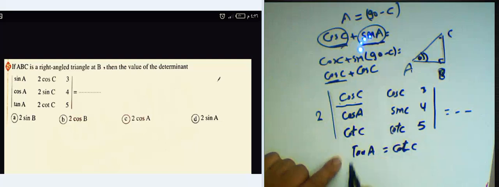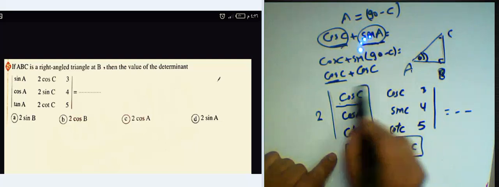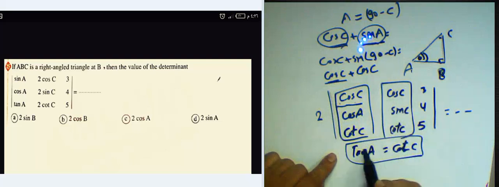Tan A equals cotan C. Then we have here 2 vertical equal rows. Then the result will be equal to 0.